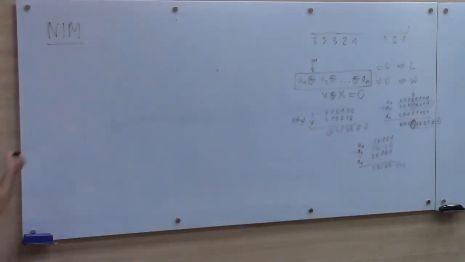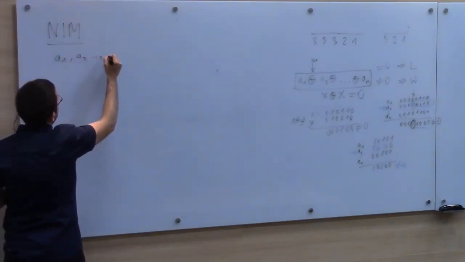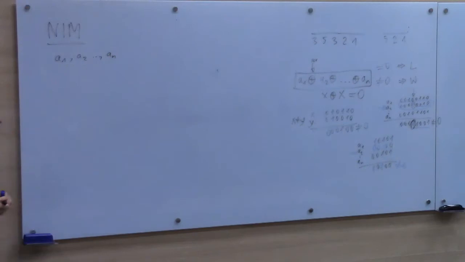So in the problem we had some stacks, so basically the game looks like normal Nim, but at the start of the game, the first player can remove some stacks from the game, and then the game proceeds from the second player.